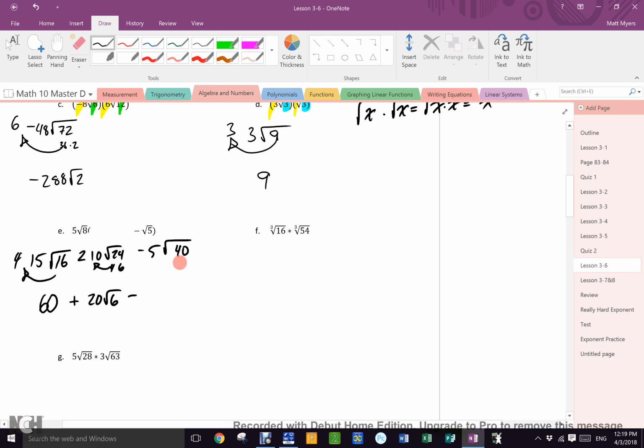You could use 8 and 5. I wouldn't, because neither 8 nor 5 is a perfect square. 10 and 4. What's the square root of 4? So what comes out? 2. What's already there? 5. So it's minus 10 root. What did I leave under there? 10. Now, do you already know what to do there?